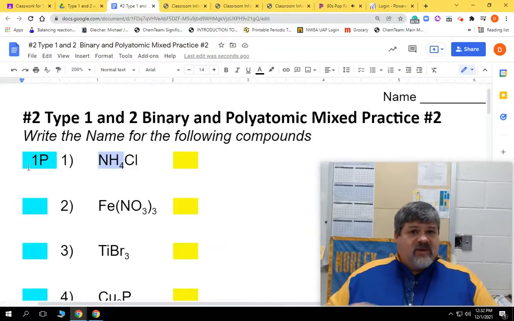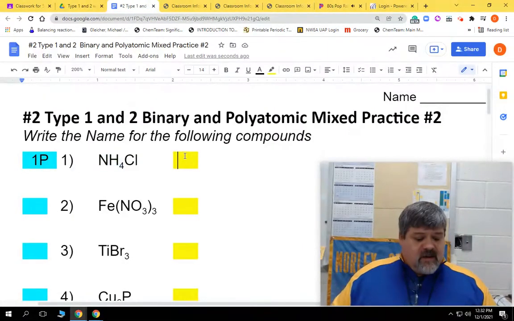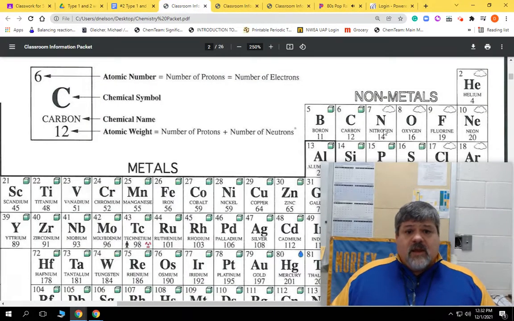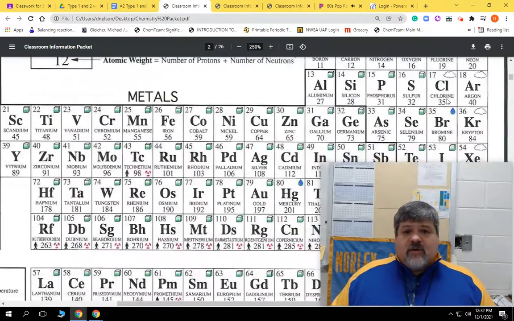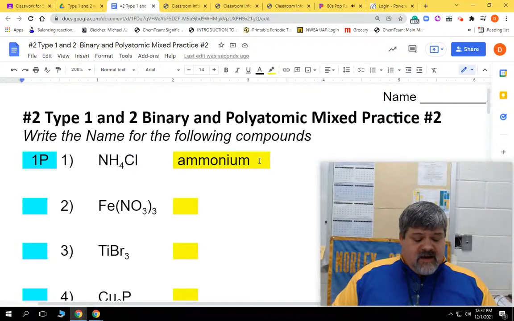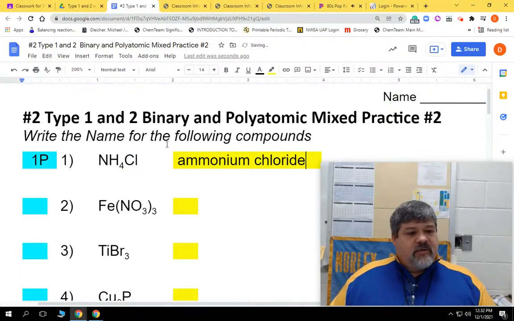Since it's type 1, we just name it, so we put in ammonium. Now we look at the last part of it, Cl. That's a single element, so I'm going to go to my periodic table. Cl is chlorine, which, if you remember, we changed the ending to chloride. That's how we do that one.